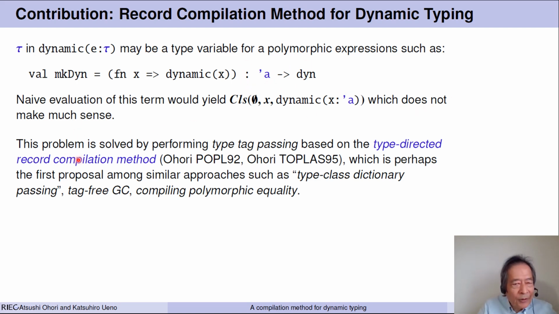This problem is solved by performing type tag passing based on the type-directed record compilation I developed many years ago. As a historical note, this is perhaps the first proposal among similar approaches such as type class dictionary passing, tag-free GC, and compiling polymorphic equality.